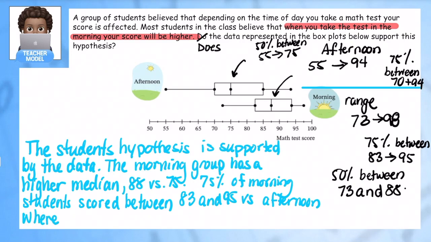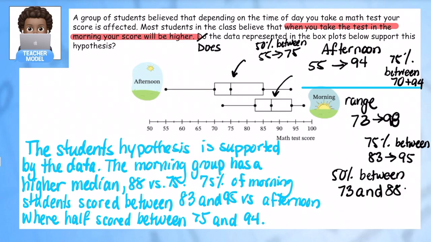where half scored between 75 and 94. And it's the upper half. Like in both of these, I'm really giving the upper half of the data.